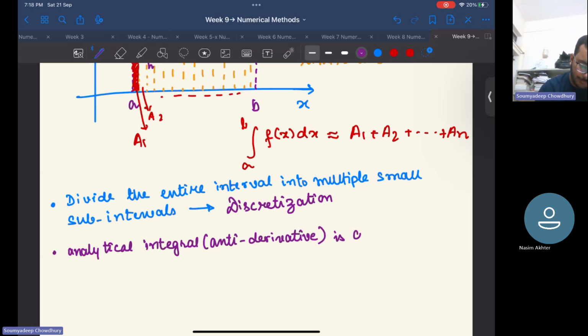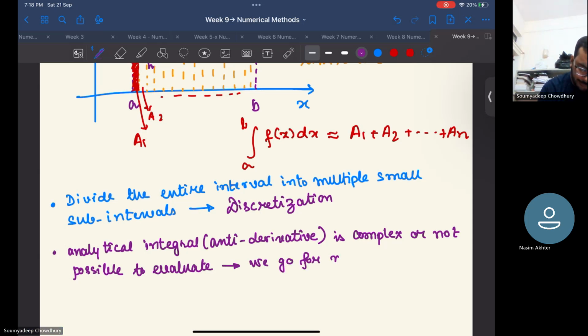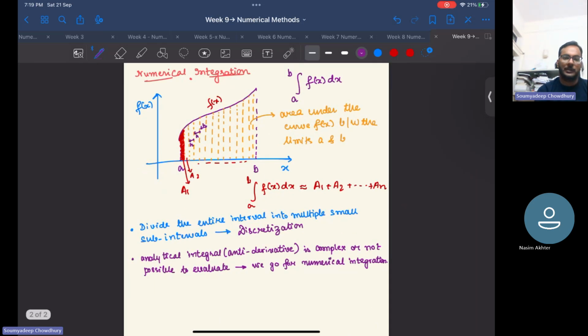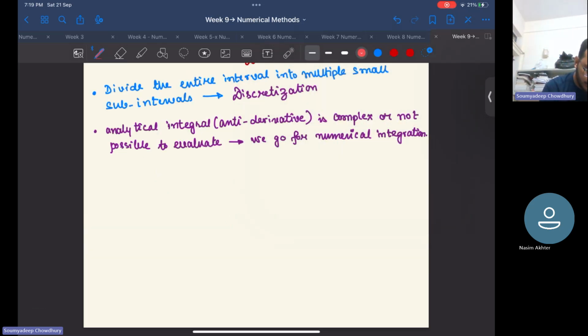When analytical integration is complex or not possible to evaluate, then we go for numerical integration. There are different techniques for numerical integration. First, we will look into the first technique, which is known as the trapezoidal rule.